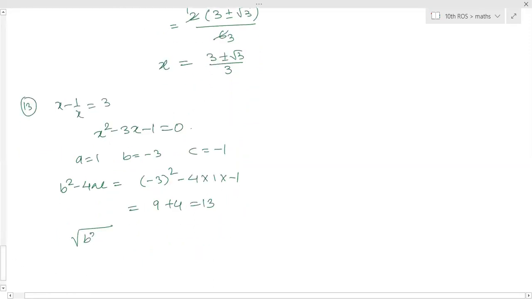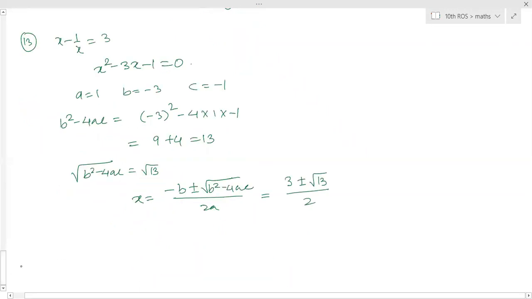So square root of b square minus 4ac is equal to root 13. Then x is equal to minus b plus minus square root of b square minus 4ac by 2a. So it is minus of minus 3, that is plus 3, plus minus root 13 by 2 into 1 is 2. So 3 plus minus root 13 by 2.